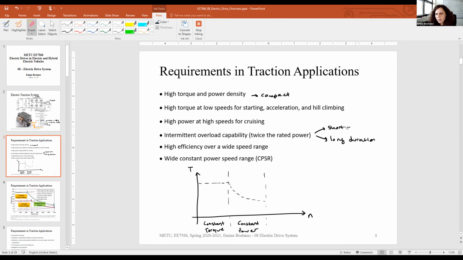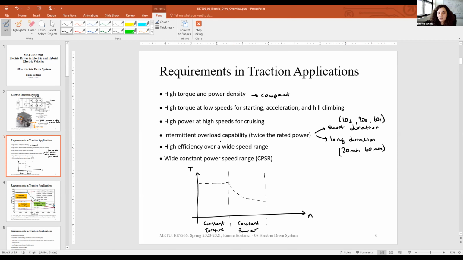Depending on the manufacturer and the need of the vehicle, there are different definitions. But for short time, most probably we can define 10-second, 30-second, or 60-second characteristics for the fold system. And long duration is going to be minutes.